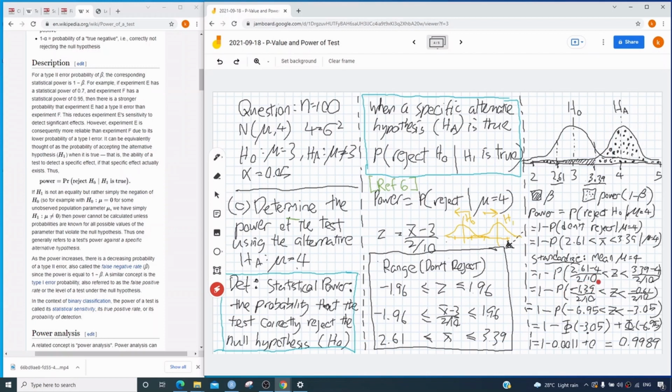By calculation, we get 1 minus P(minus 6.95 to minus 3.05). So we will calculate the probability. I'm going to use R.